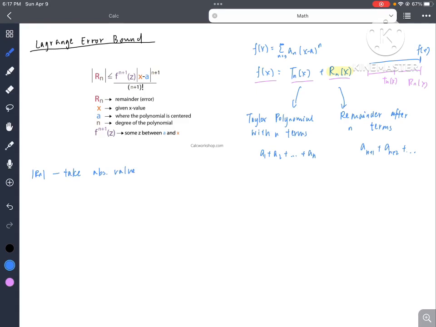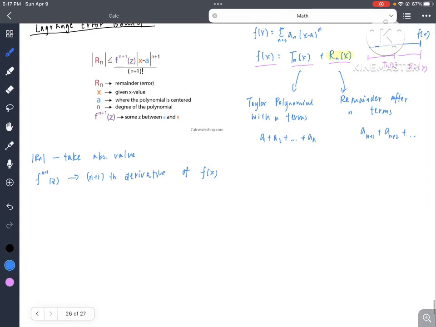So that's Rn. And what about f^(n+1) of z? It's not like we have to raise it to a power. This is just the notation of the derivative. So this is the n plus 1th derivative of f of x. And basically, z is some value between a and x.